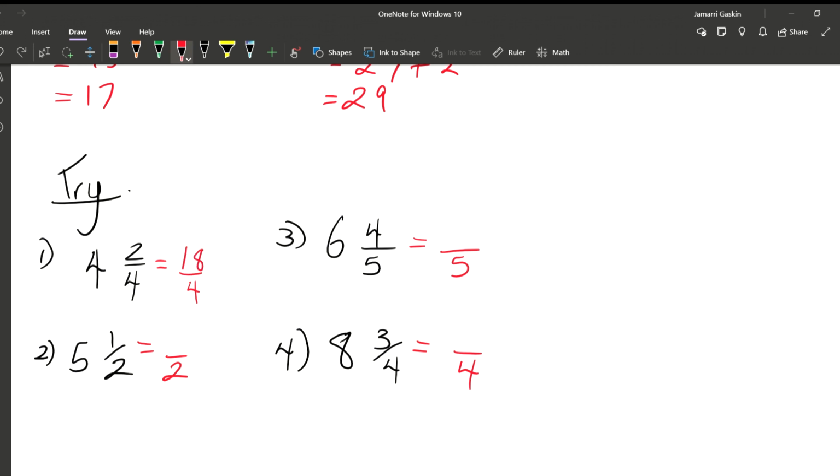There we go. 2 times 5 is 10. 10 plus 1 is 11. Okay, 6 fives are 30, and 30 plus 4 is 34. And 8 fours are 32, and 32 plus 3 is 35. There we have it. That's how you convert mixed numbers to improper fractions.